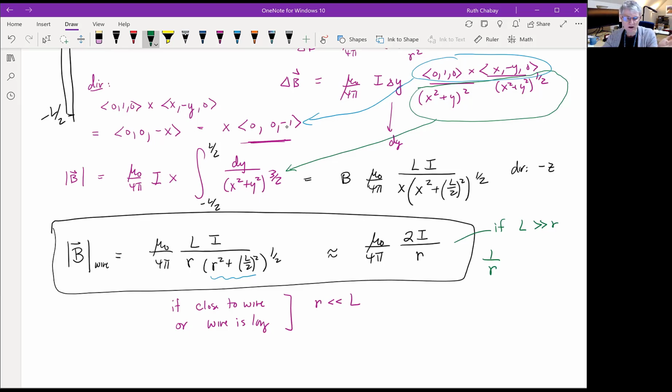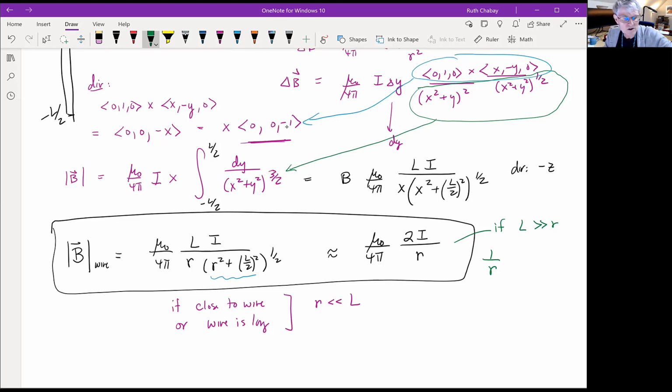Which is what we'd expect for an ideal long wire. So not 1/R squared, but 1/R. And remember that we found the electric field of a uniformly charged long rod actually fell off like 1/R if we were close to the rod. So this is really a geometric factor combining with this 1/R squared dependence to give us that.